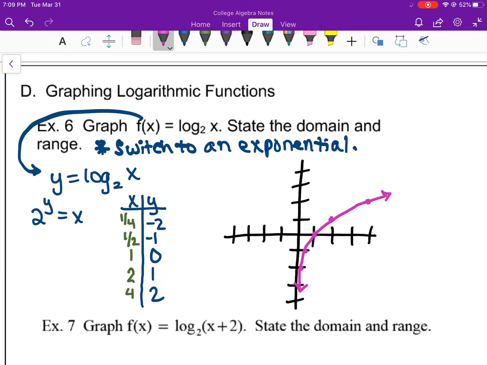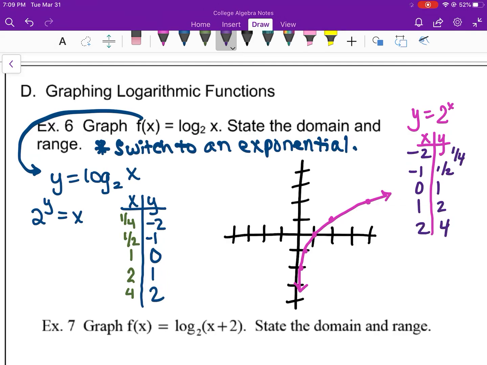The other way you could graph this is to graph this from lesson 4.1 and just switch your ordered pairs. So you can see for the inverse, they're backwards. Logarithms and your exponentials are inverses of each other.